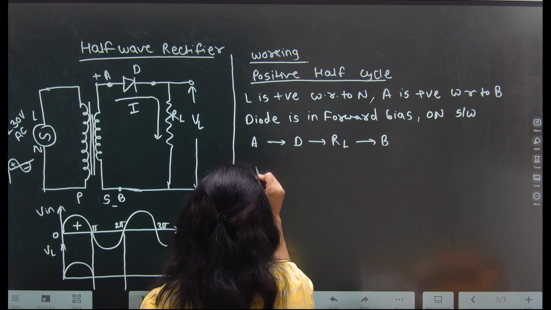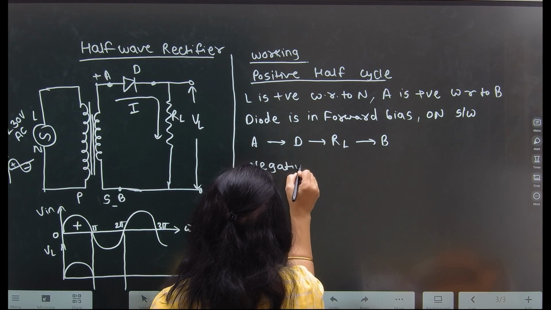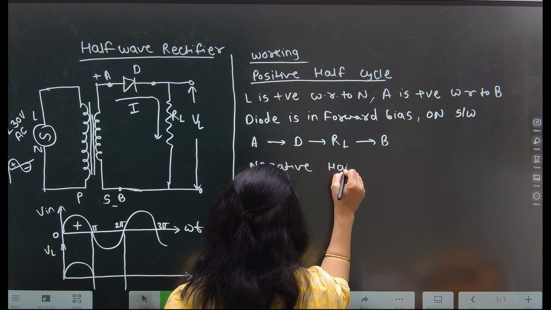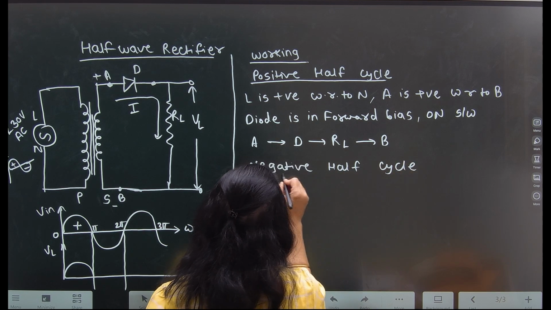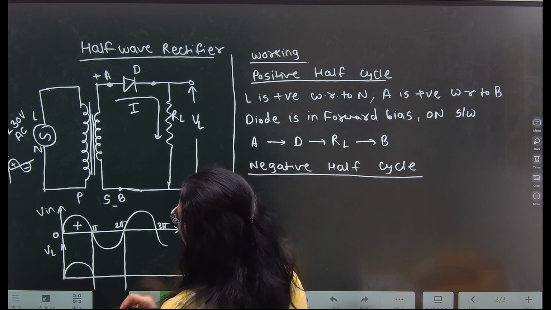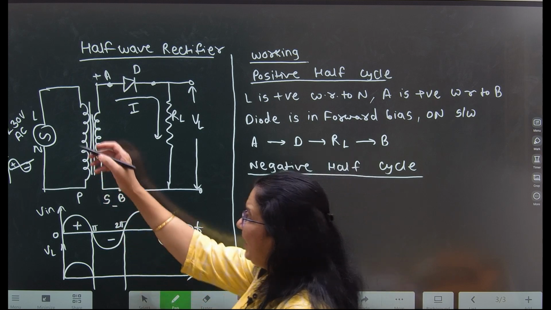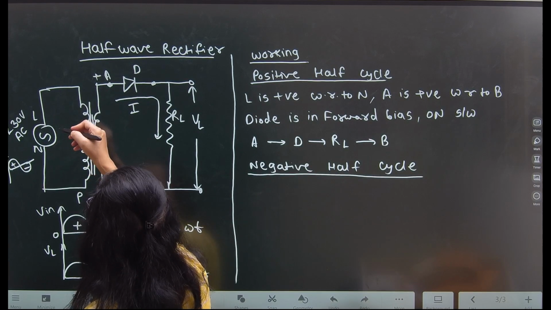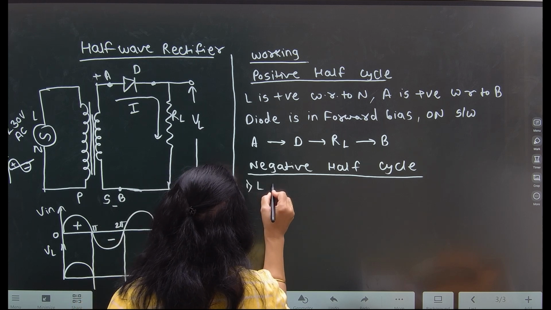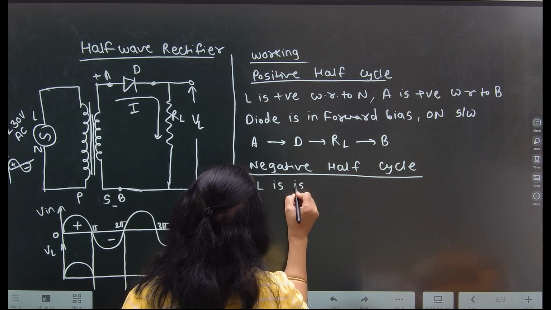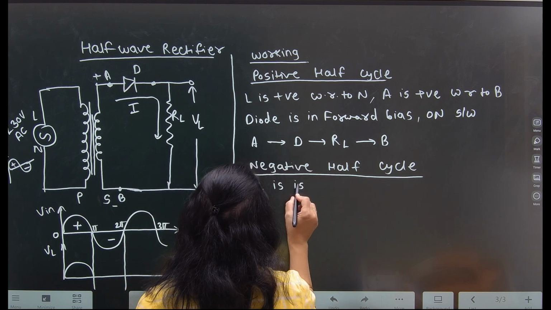Consider the negative half cycle, that means this part. In the negative half cycle, L is negative with respect to N. L is the live terminal, N is the neutral terminal.